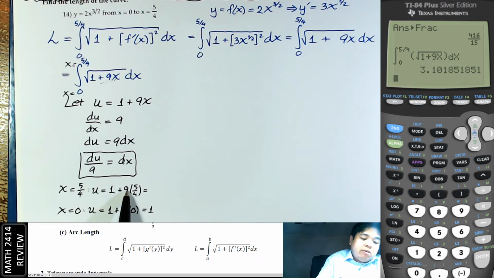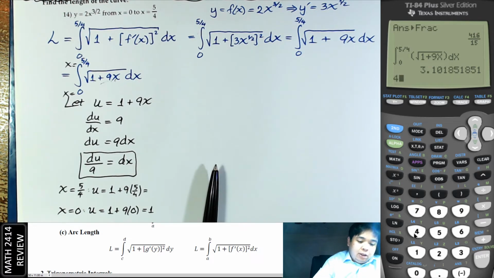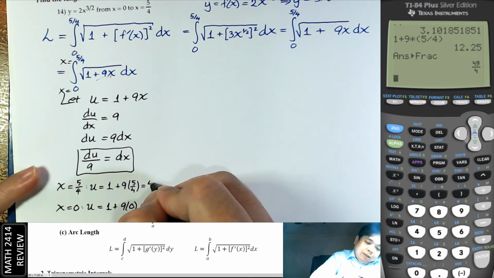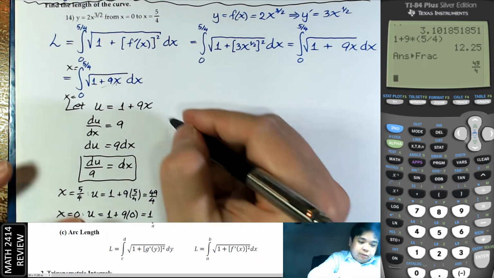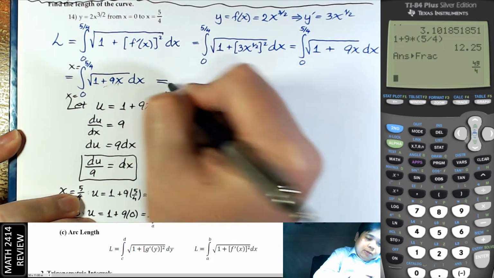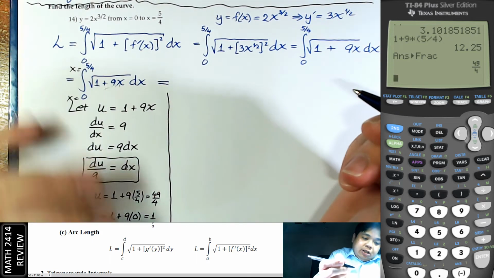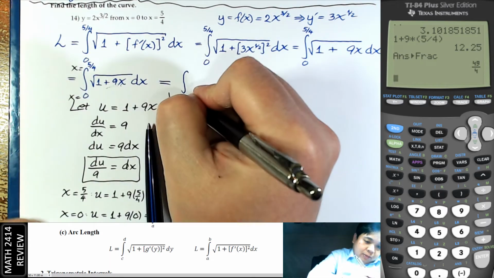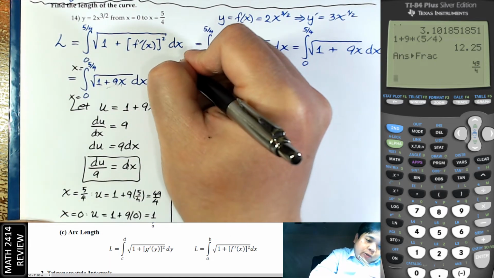So 9 times 5 over 4 is 45 over 4, which makes it 49 over 4, by the way. Right, 49 over 4. With that, we continue the integral. Now u will go from 1 to 49 over 4.